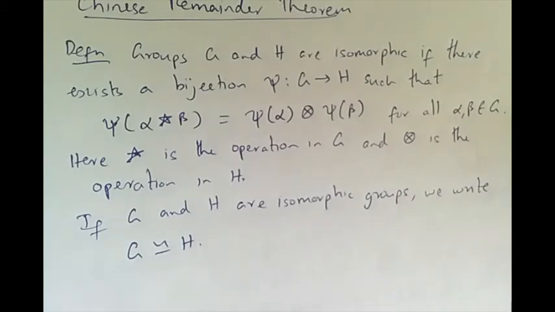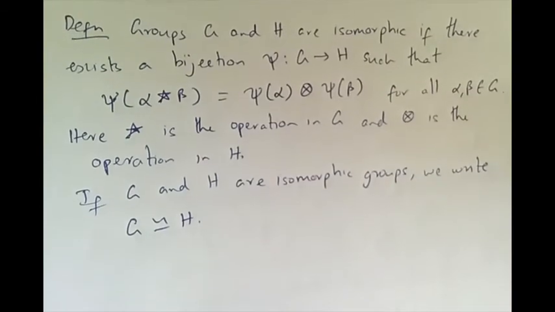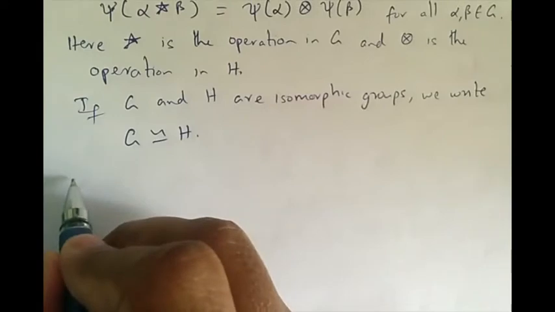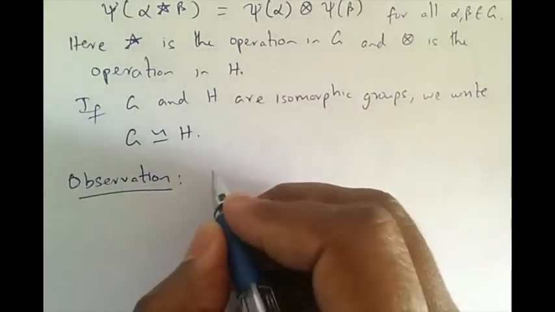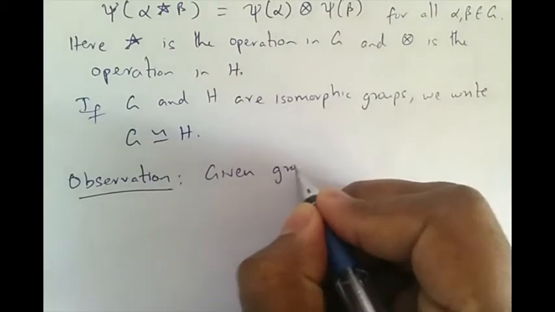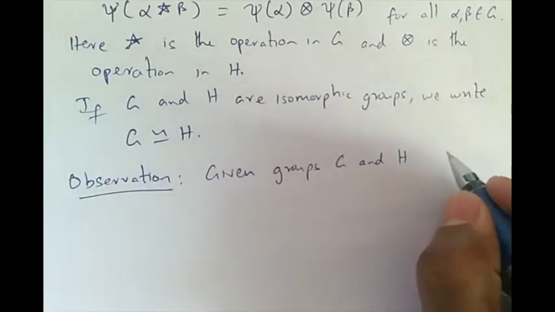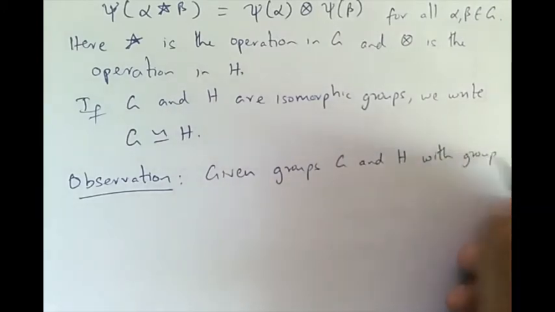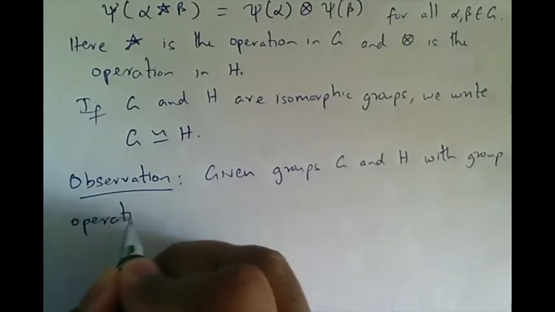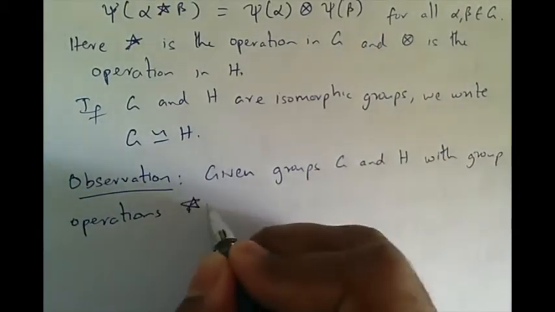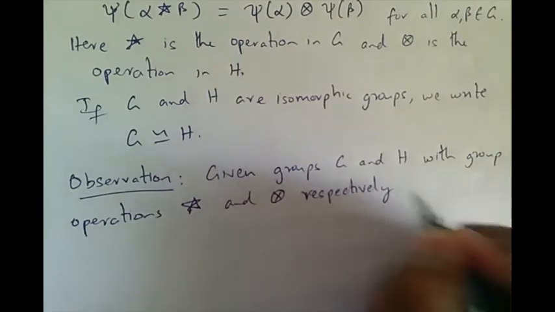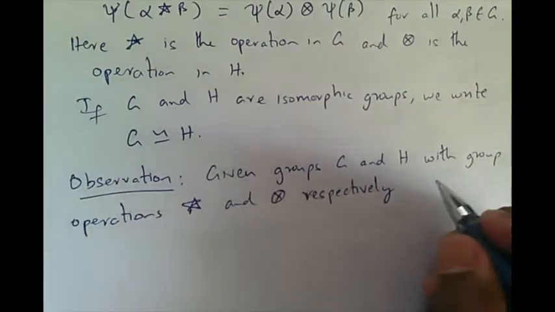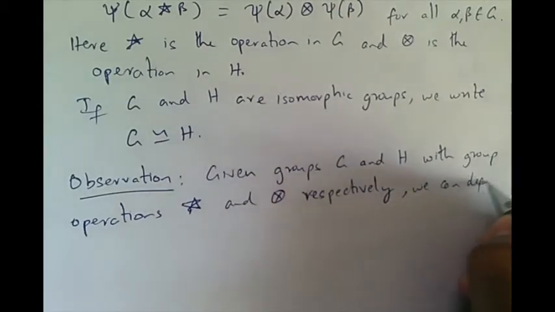And again, before we can state the Chinese remainder theorem, we just need one more observation, which is that if you have two groups, or you can say fact or observation: given groups G and H with operations star in G and O cross in H respectively, we can define a new group as follows.